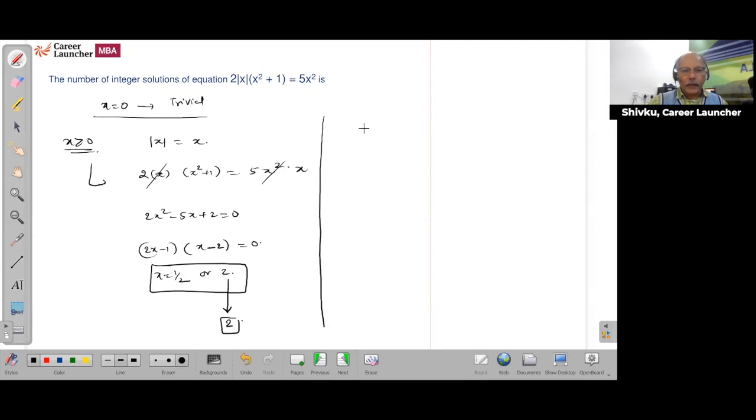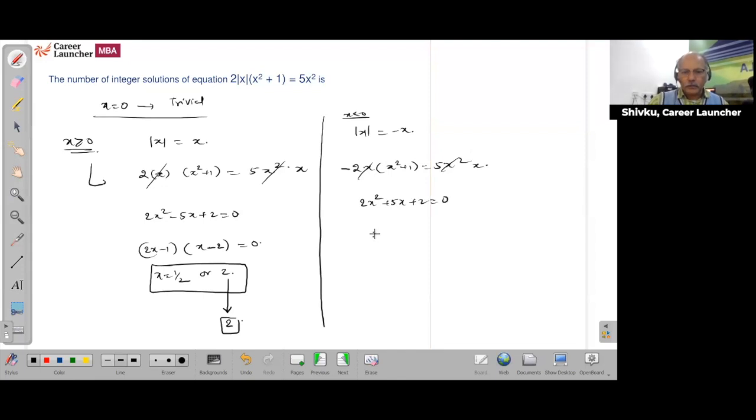Now when x is less than 0, mod of x will be equal to minus x. So our expression now becomes minus 2x into (x squared plus 1) is equal to 5x squared. I can cancel out x because x is non-zero. So I'll get 2x squared plus 5x plus 2 equal to 0.